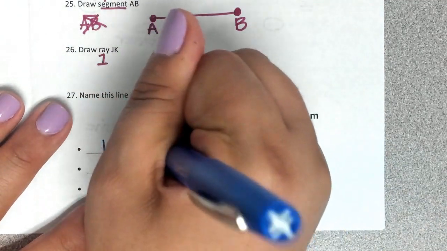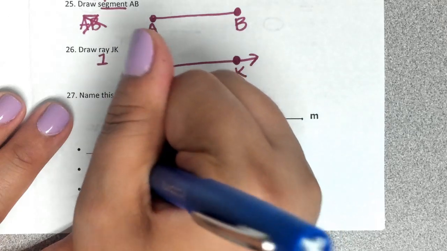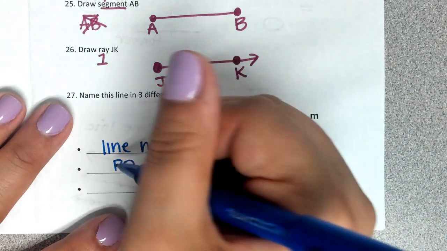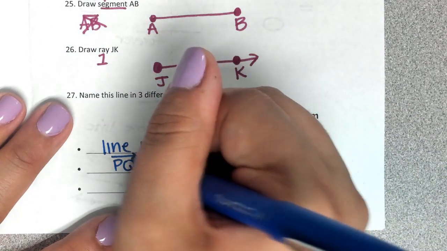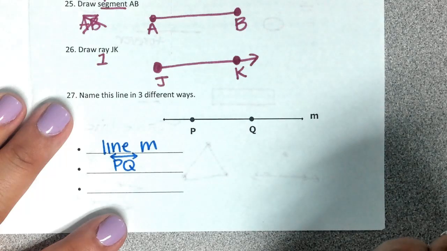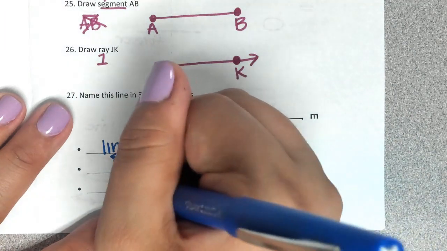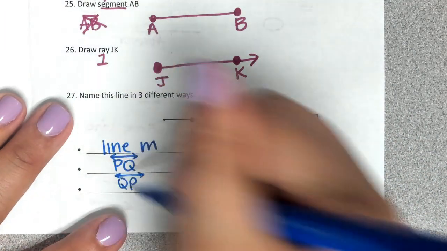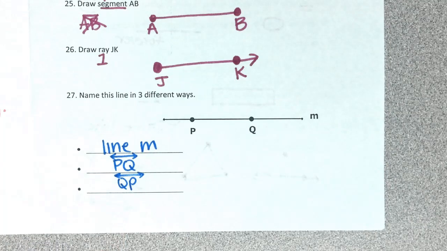Line M. I could say PQ with 2 arrows up top, and QP. Can I do PM? No. Can I do QM? No.